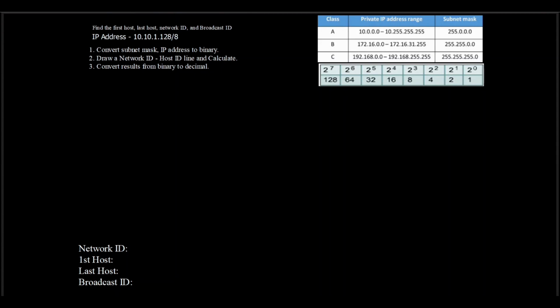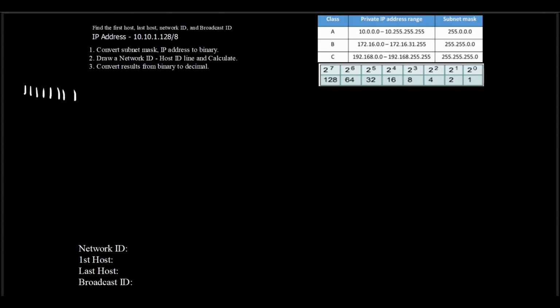So for the network ID we are going to type in these 8 binary digits as all ones. So for the subnet mask, the first 8 are all 1: 1, 2, 3, 4, 5, 6, 7, 8.